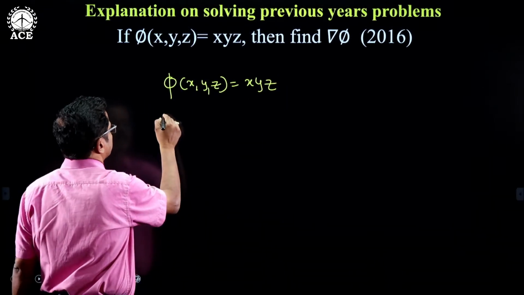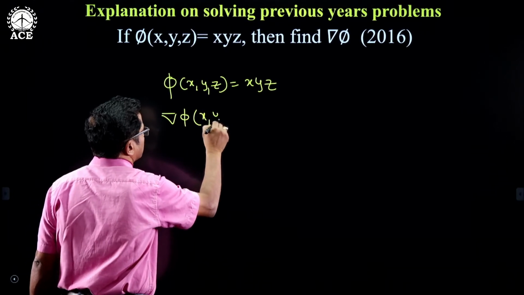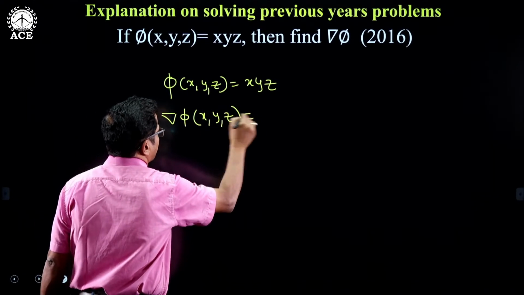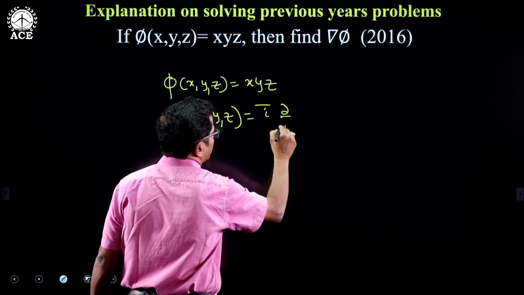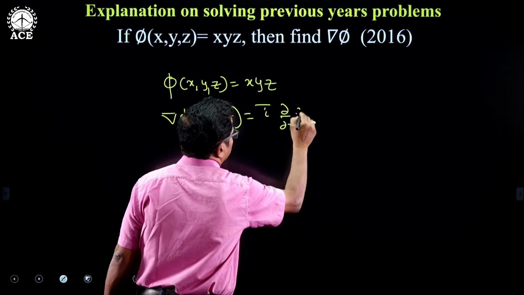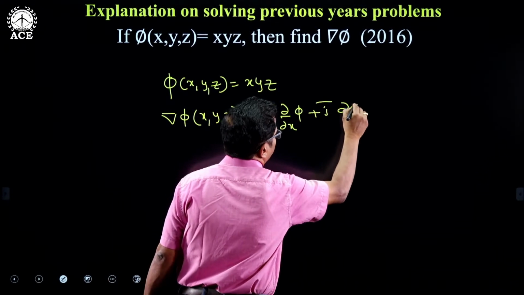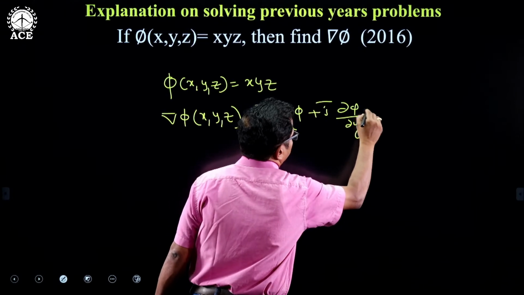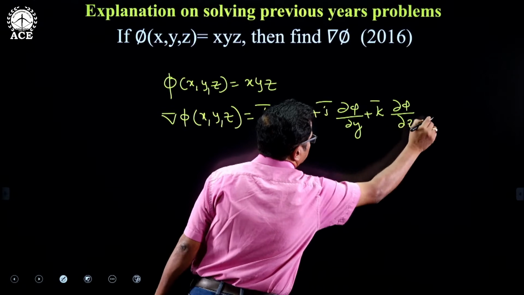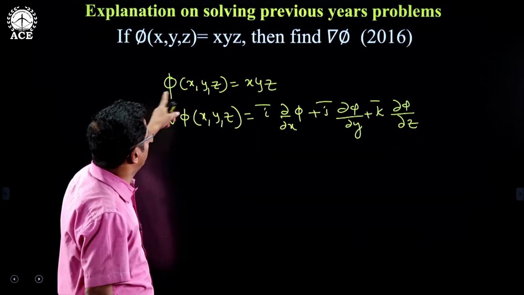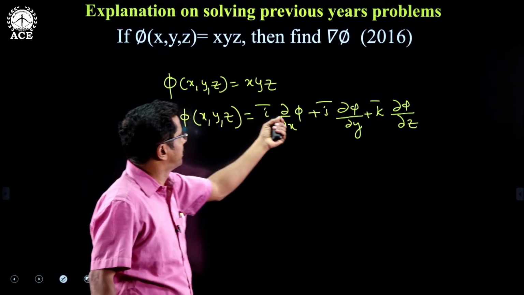On this, the gradient, means del phi, we are applying. I already said del phi is i bar dou phi by dou x plus j bar dou phi by dou y plus k bar dou phi by dou z, where in place of phi of x, y, z, I am simply writing phi.